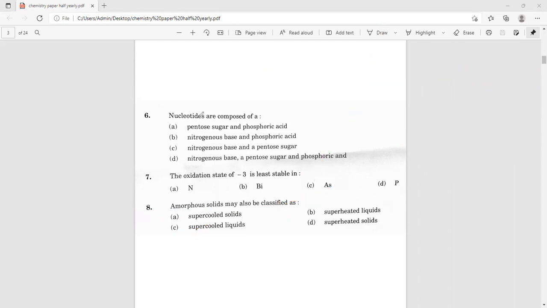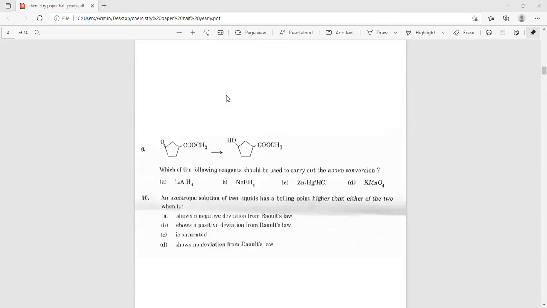And question number 9 is, which of the following reagents should be used to carry out the above conversion? Right? Only one change is there, because the similarity is there.